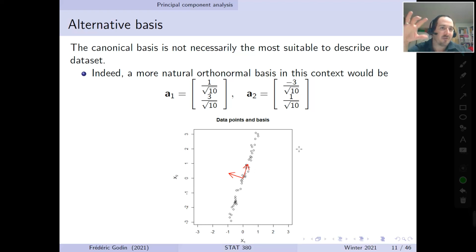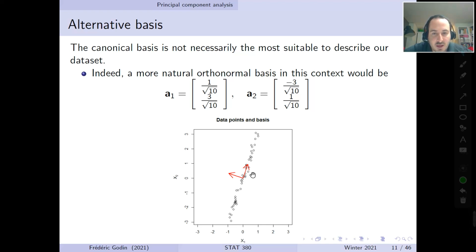The scale of the figure is a bit different, so they might look different, but it's really the same data. We see that these vectors might be more suitable to serve as axes to summarize that data, because we could summarize very well the location of each of these points in 2 dimensions by their location along this axis.